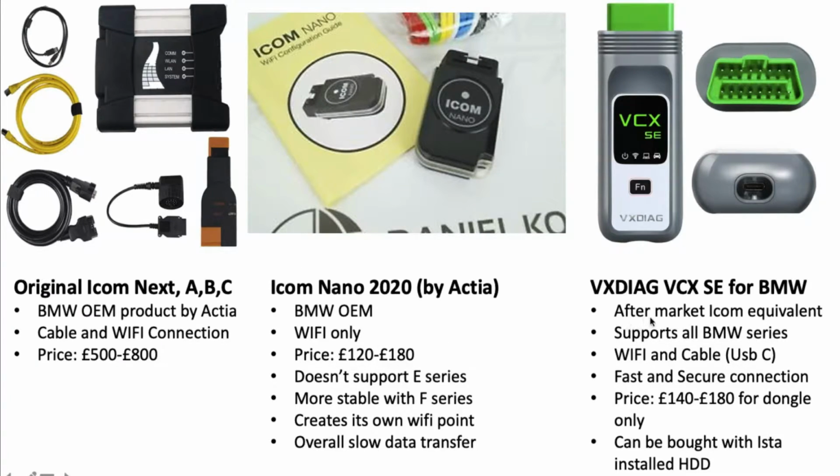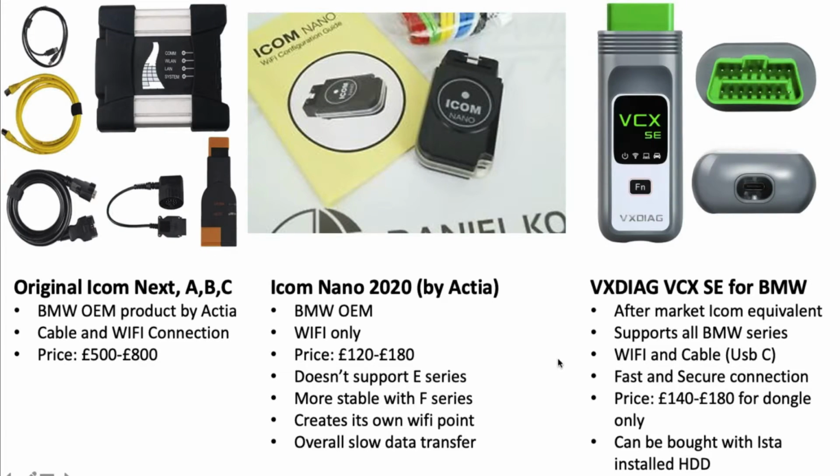And then the VCX SE for BMW is an aftermarket ICOM equivalent, which supports all BMW series. It gives you both Wi-Fi and USB-C cable connection. It's pretty fast compared to other ICOMs, and the price is fairly pleasing, and it's just a dongle.